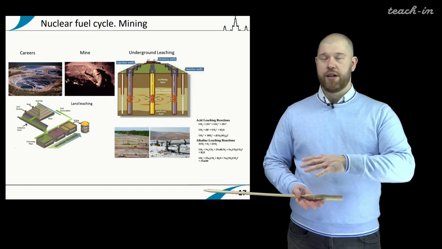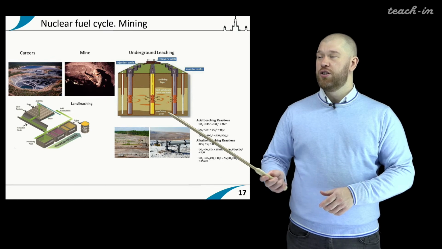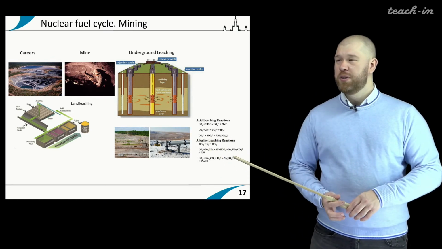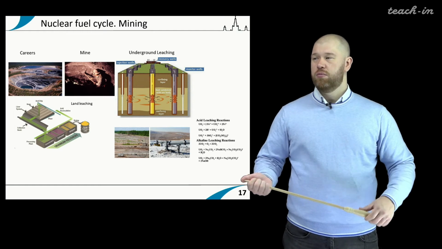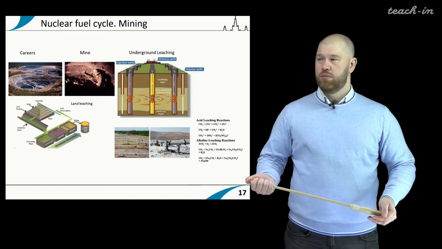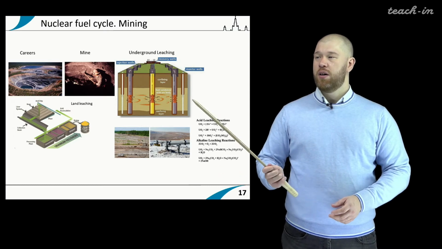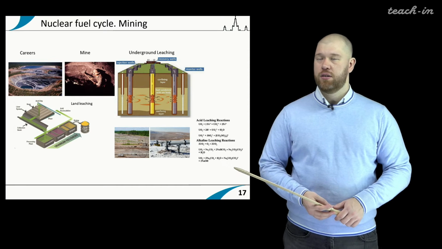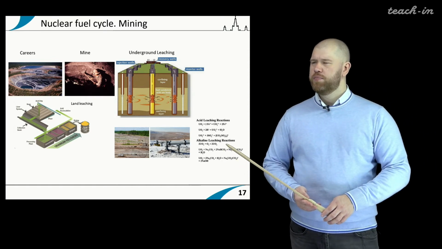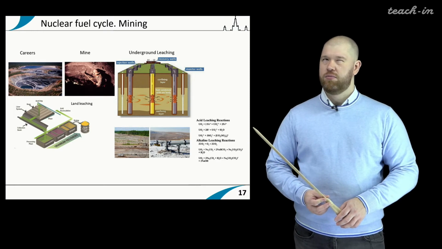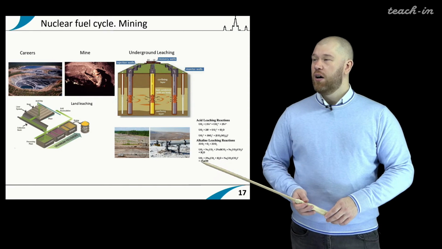So these layers should not be permeable for leaching solution. So quite specific conditions, but there are few mines that use these methods in Russia, in Australia, in USA, and in Uzbekistan, if I remember correctly.